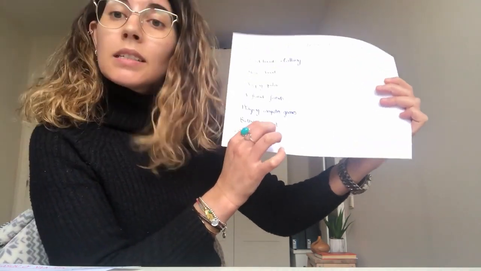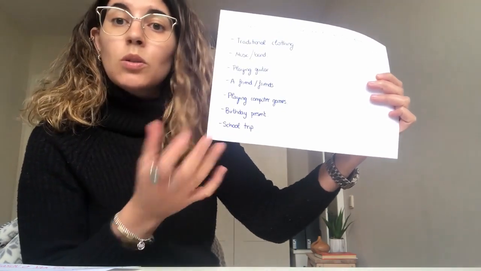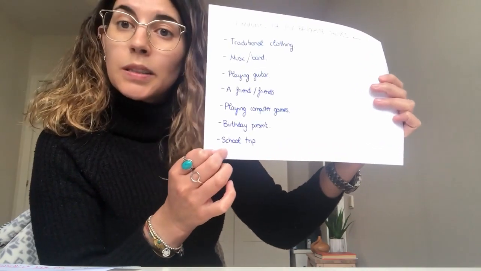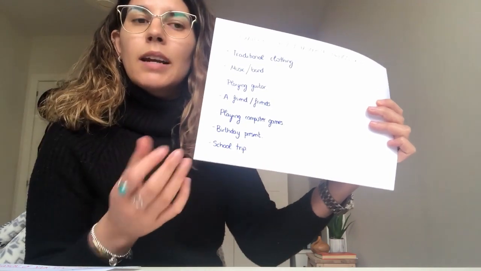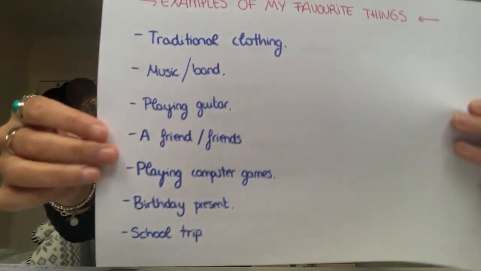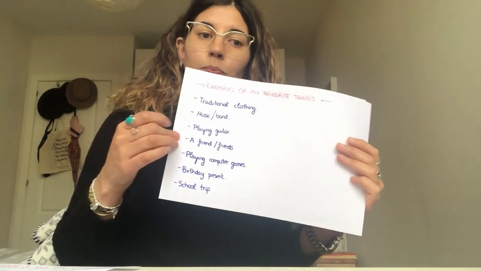Birthday presents that you have or some presents that you have given to some relative or your family. School trips, some trips that you have done at school and you really liked and you like to speak about. So there are some examples that you can choose.